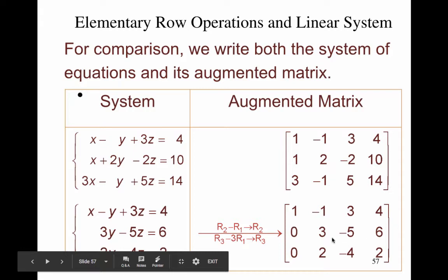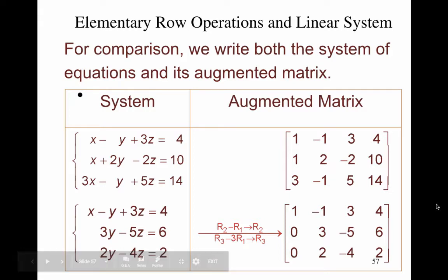Then I'm going to take the third row minus 3 times the first row. So 3 minus 3 times 1 is 0.